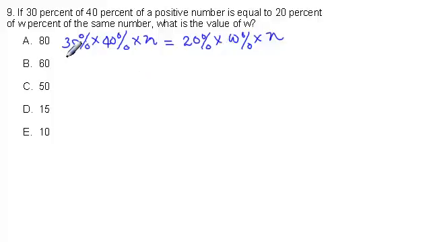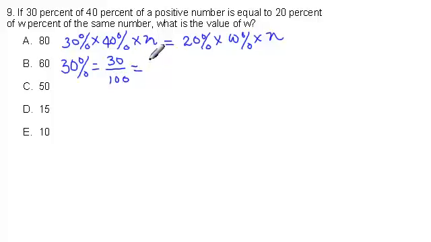Now I have to change every percent into a decimal value, so I'm going to show you how to change one. Just for you to know, 30% can be written as, percent means out of 100, so I have 30 out of 100.